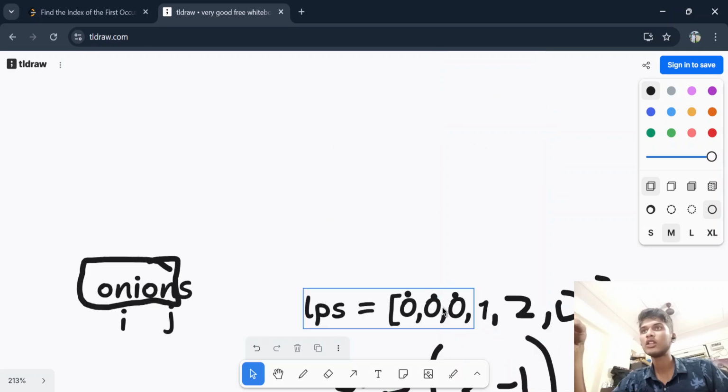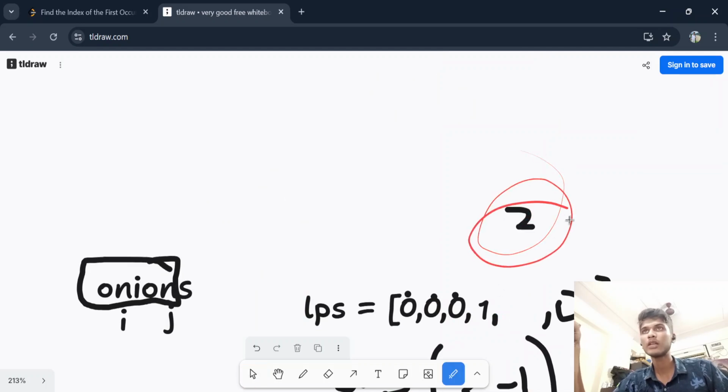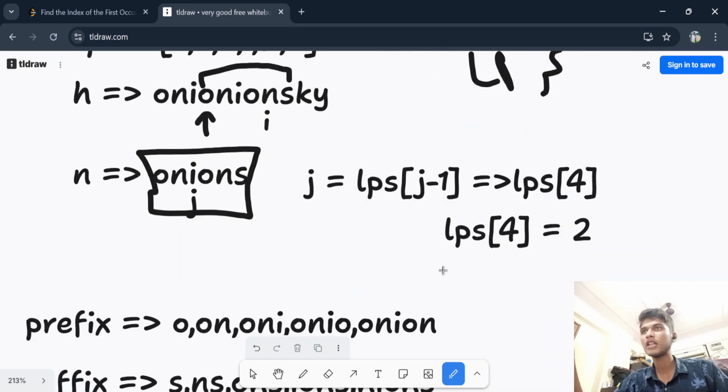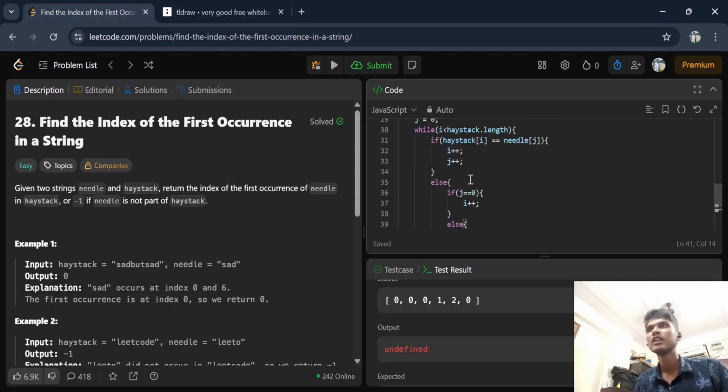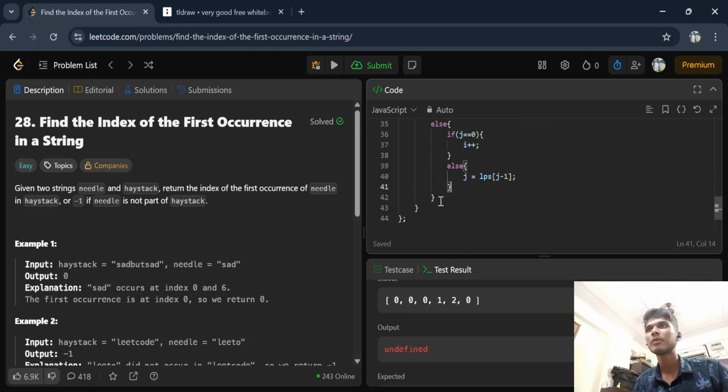See this, 0, 1, 2, 3, 4. This 2 was the LPS of 4. So that's how j came from this position to here, and that's why we check that.